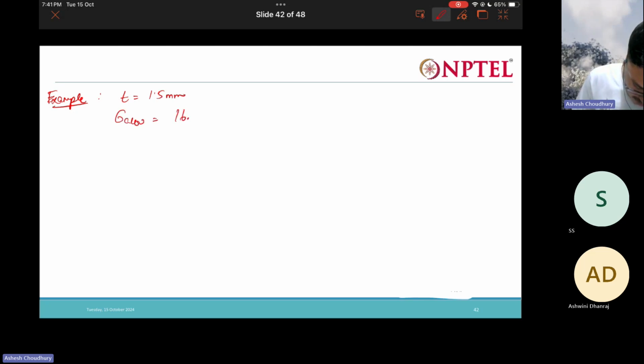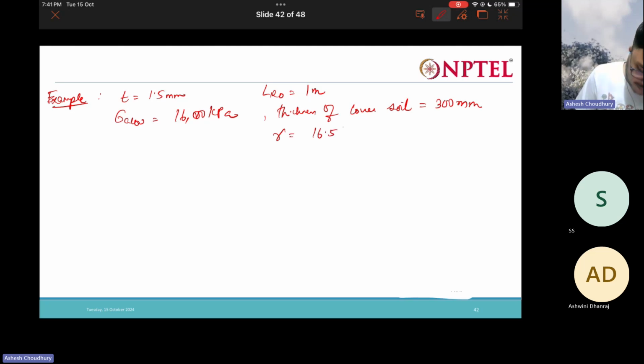Sigma allowable is 16,000 kPa. LR naught is 1 meter. The thickness of cover soil is 300 mm. Gamma is 16.5 kN/m³. Delta L is 30 degrees, phi is 35 degrees. These are the given values.